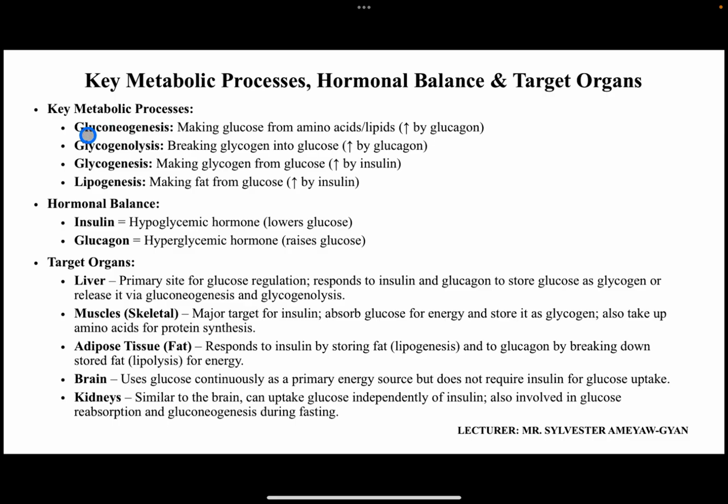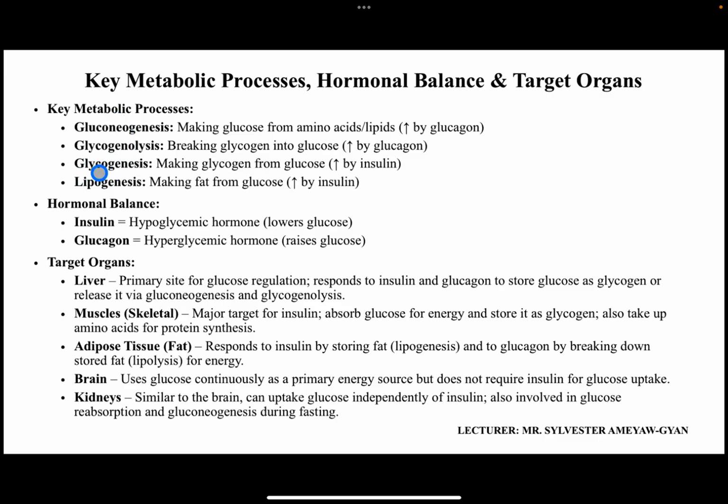That process, breaking down stored glycogen back into glucose, is what we call glycogenolysis, and it helps increase your blood sugar level. Anytime glucagon levels increase, two metabolic processes can occur: gluconeogenesis and glycogenolysis.